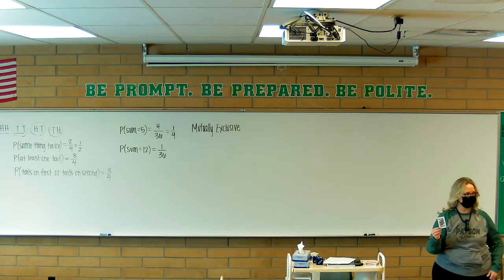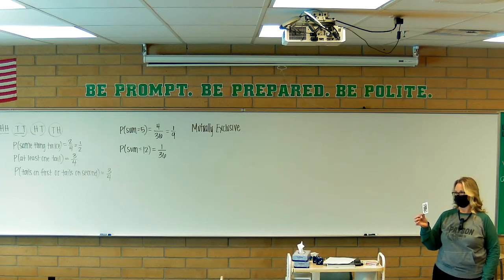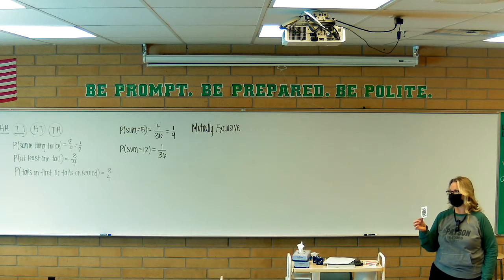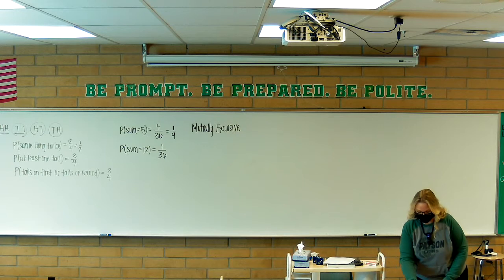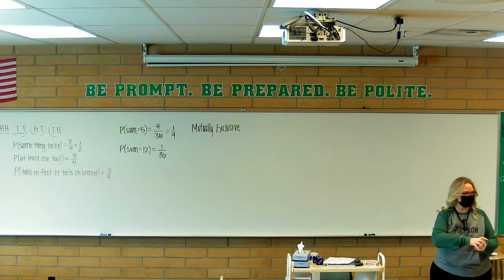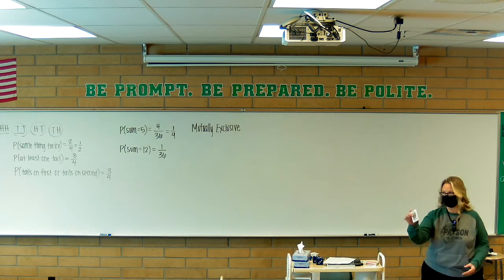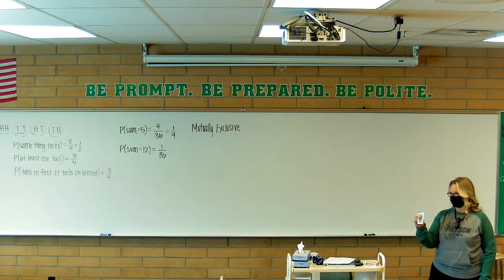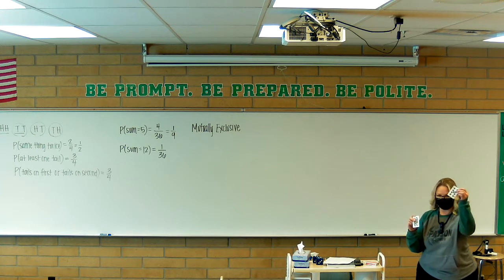What's the top card? The Queen of Hearts. Does it prevent the bottom card from being the Queen of Hearts? Yes. If I have these cards and they're all shuffled, and the top card is the Queen of Hearts, is it possible for the bottom card to also be the Queen of Hearts?